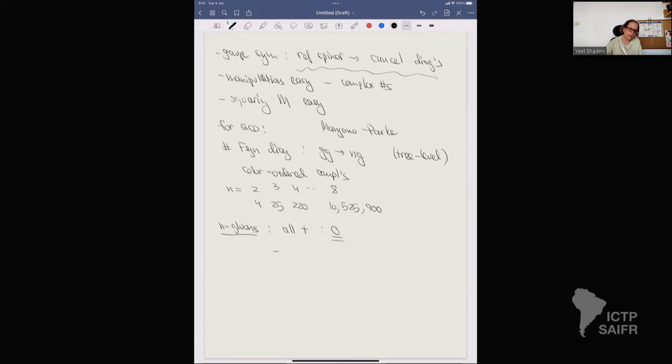When you have 1 minus and all the rest are plus, you again get 0. And when you have 2 minuses and any number of pluses, this is the first time that you get something non-zero, but it has a very, very simple form. You can write it as <12>^4 divided by <12><23>, and so forth, and so on and so forth, up to <n1>.